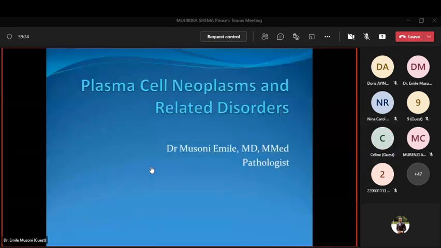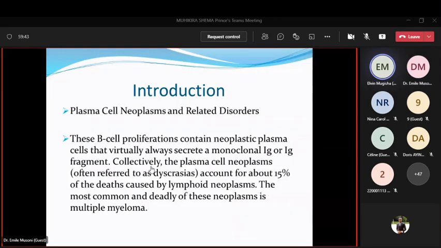Okay. So those plasma cell neoplasms and related disorders, plasma cells, those that are from B cell proliferation, and they can secrete immunoglobulin.